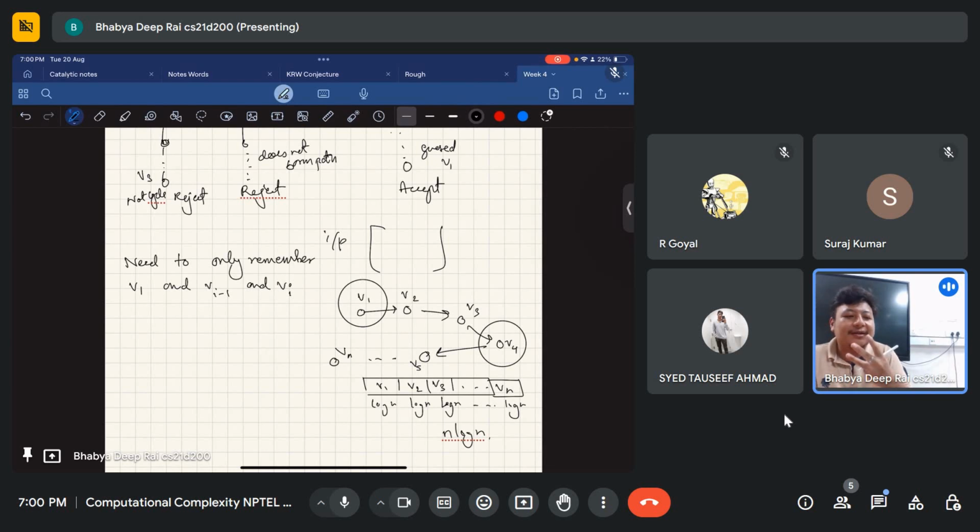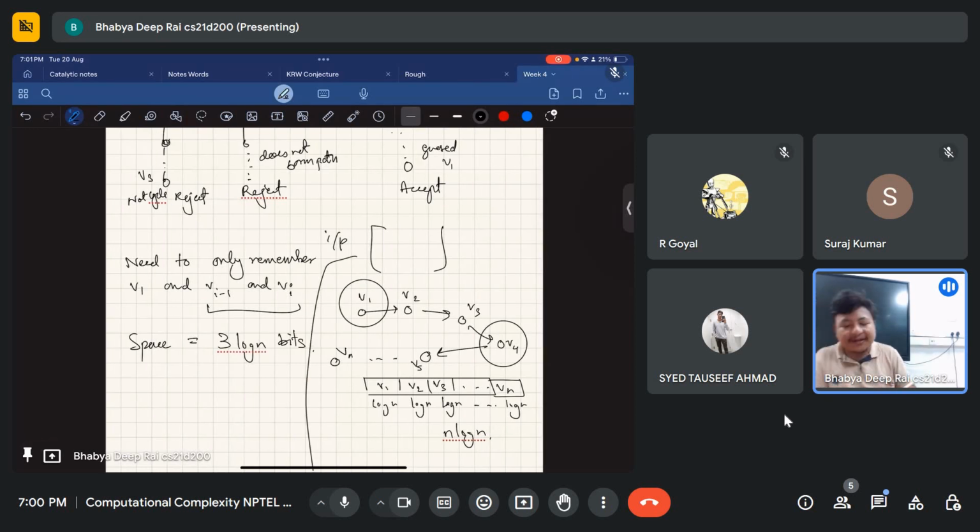Remembering these three vertices is enough, because every time you make a check whether the edge is valid or not, so you will always end up with a valid path. And v1 is required because whatever you end up with, vi, the final guess vk you make, should match with v1. So how much space is required for each of them? You need log n bits. There are three vertices, so 3 log n bits.